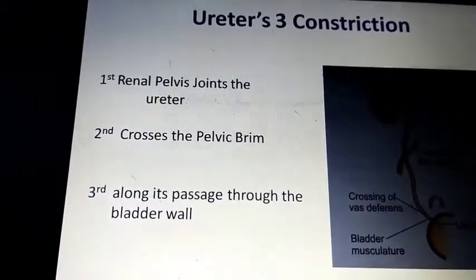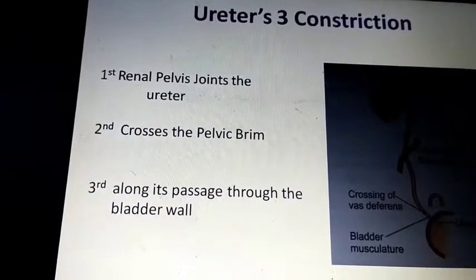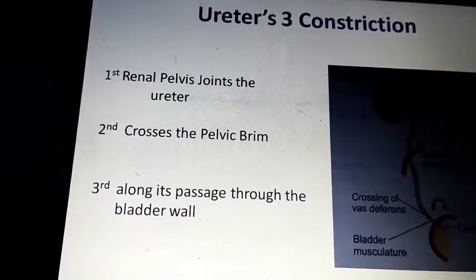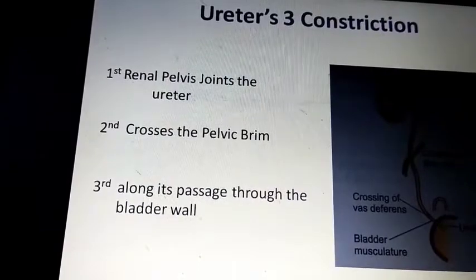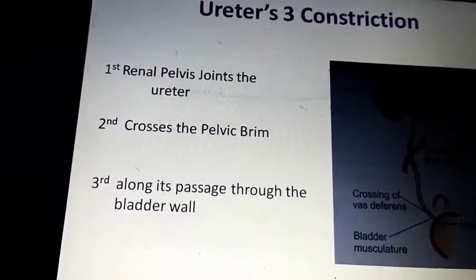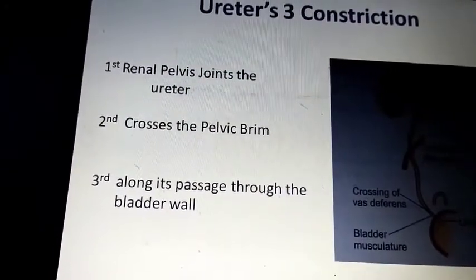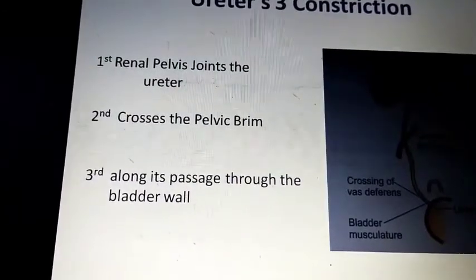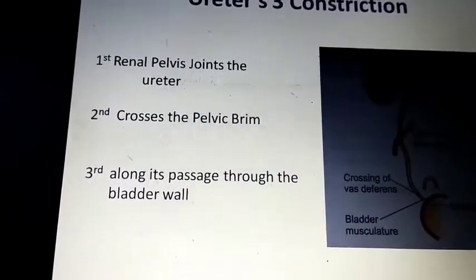The first one is at the pelviureteric junction, the second is at the brim of the lesser pelvis, and the third is the UV junction, where it passes through the bladder wall. Next, we can go further.